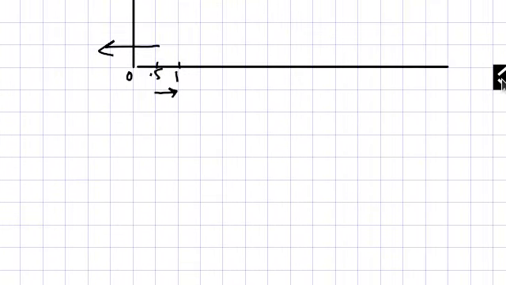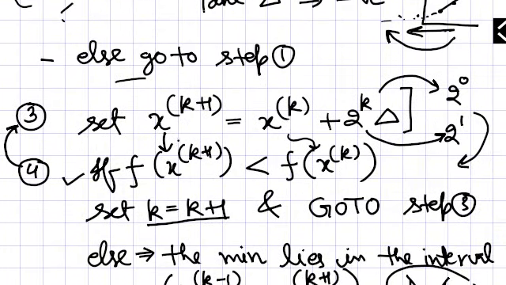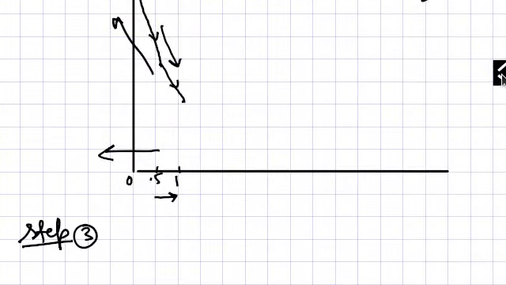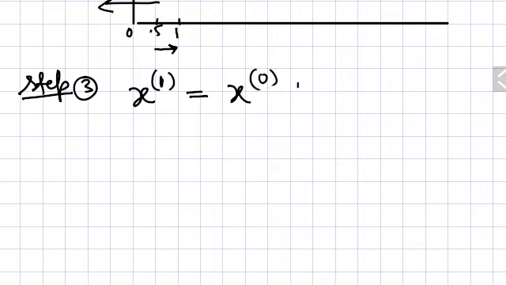Now we will do step 3. What is this step? You can go to the algorithm, you will find it here. Step 3 is this: set this equal to this. So we will write it in the numerical way. If you write that, then this is the next value of your guess.